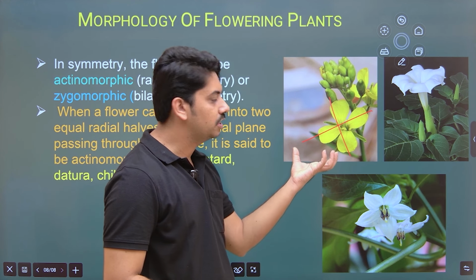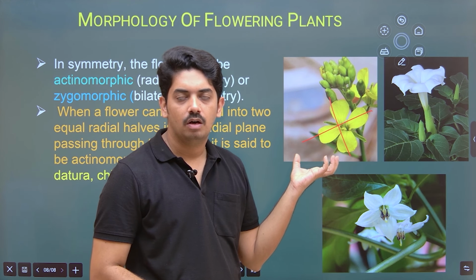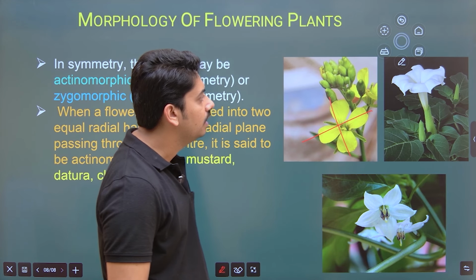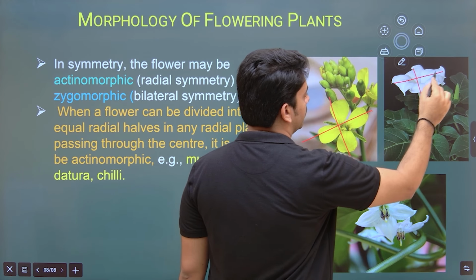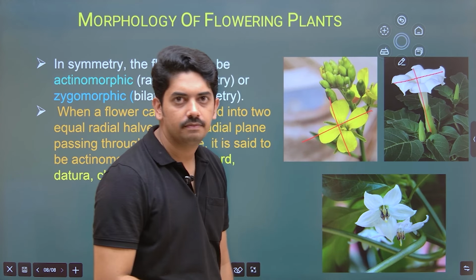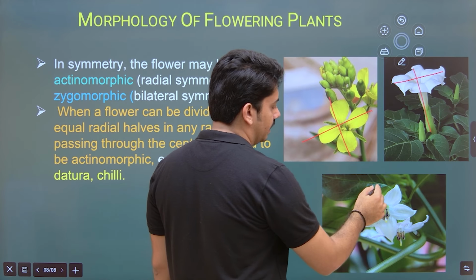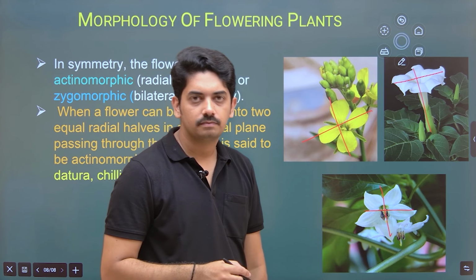Cut the flower in any direction, you get equal halves, right? So this condition we call actinomorphic, or in other words radial symmetry. Here also it is the same. If you cut the flower in any direction, you will get equal halves. Actinomorphic flower. Here also it is the same, actinomorphic flower.